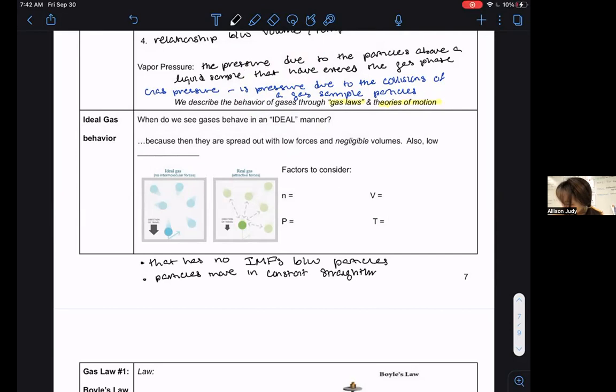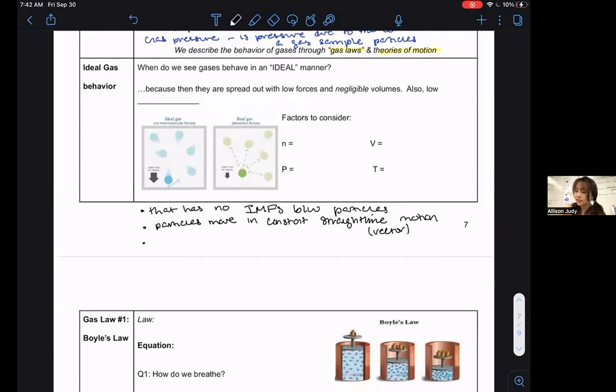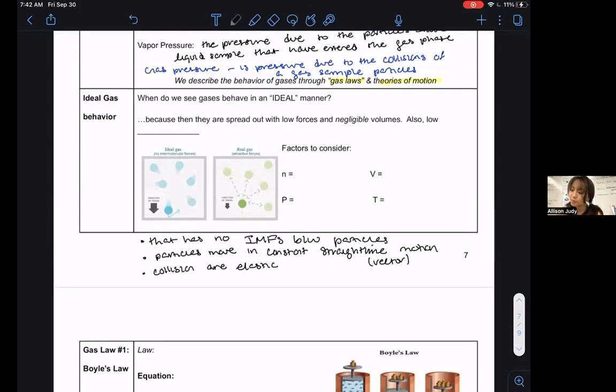For those of you in physics, we call that vector motion. And with ideal gases, collisions are elastic. That means there's no energy loss and no energy transfer when particles collide. So these are the premises of what an ideal gas behaves like.